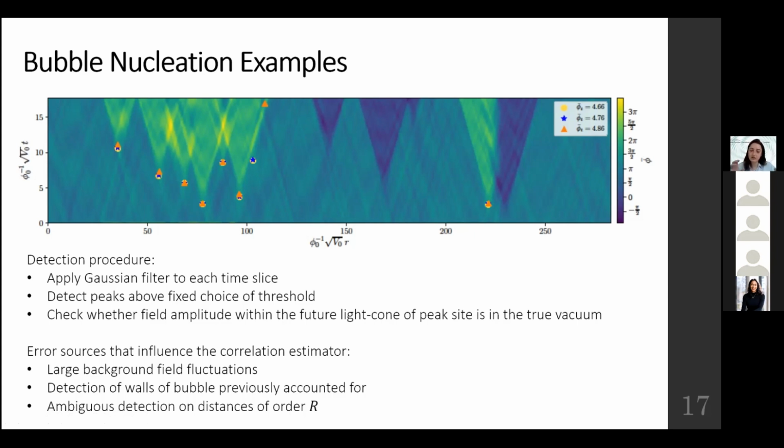Well, sometimes both peaks are measured to be nucleation sites, other times only the end one is. But again, this doesn't increase the correlation. If anything, it probably works against our claim.